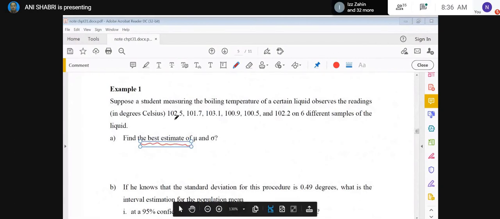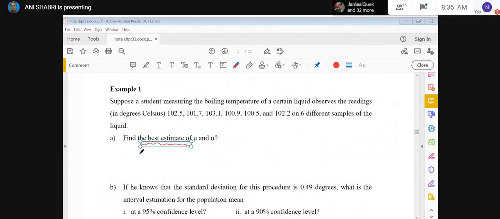Okay, try to calculate what the value is. Try using the calculator, what is the value of S bar? S bar is the mean.